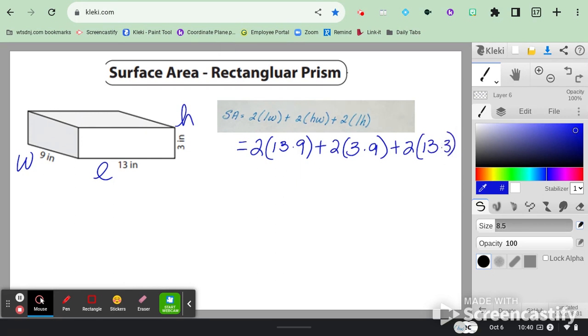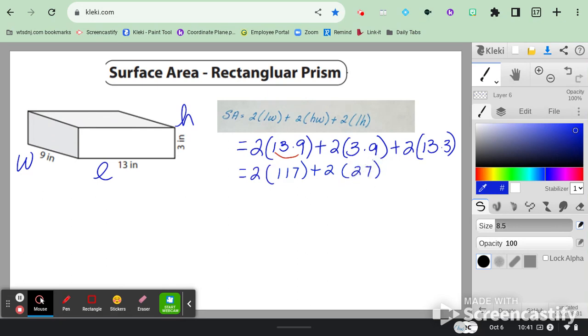I'm going to now drop down my equal sign, drop down my 2, open up my parentheses. I'm going to then solve the 13 times 9. When I do that multiplication, I would get 117. Close my parentheses, drop down my addition sign, drop down my 2. I'm going to do 3 times 9, which is 27.